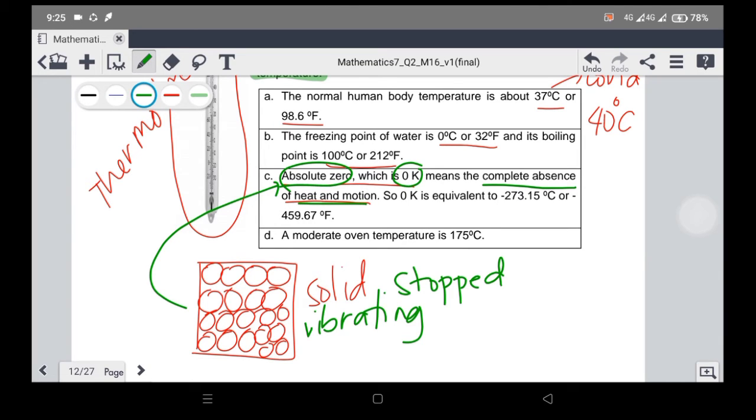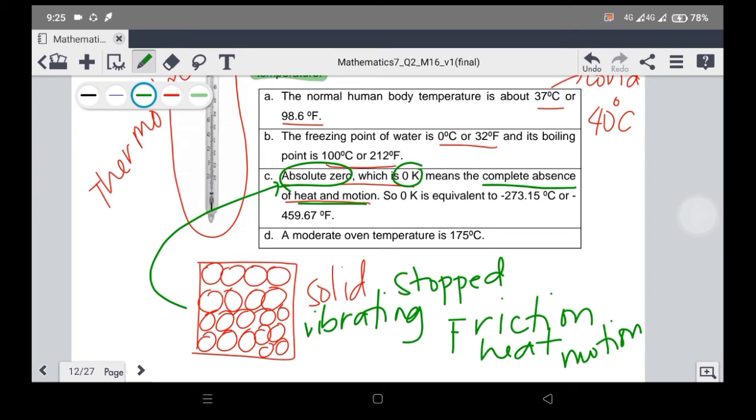When it vibrates, it produces heat. When it vibrates, there is what we call friction. And when there is friction, there will be heat. If there is heat, there will be motion. So that's in science.